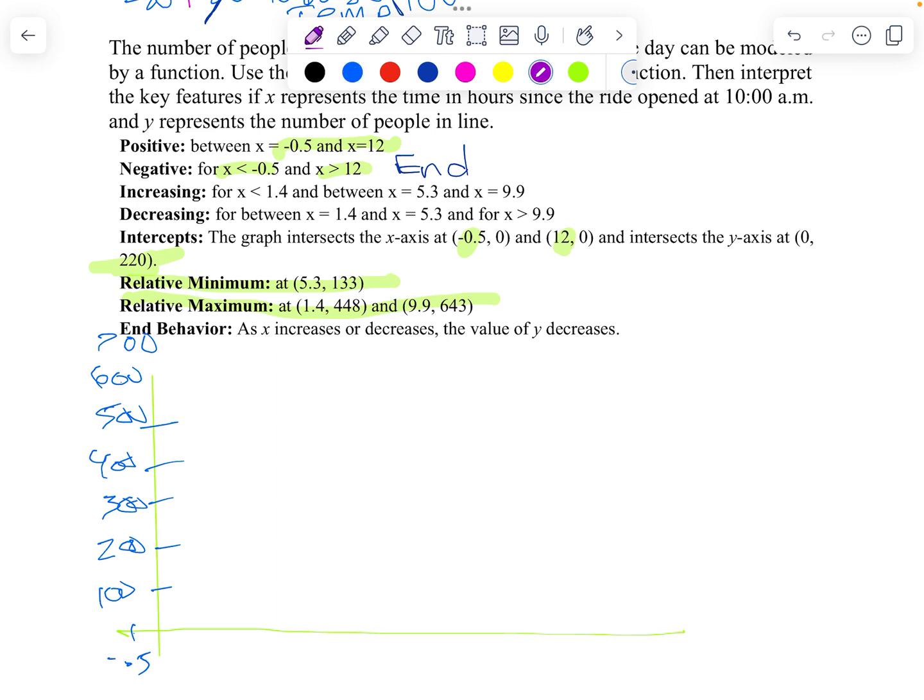I'm going to put one at negative 0.5. And then remember, I'm only going up to 12. So, I don't know why I put that number in there. So let's go 1. Maybe I gotta count it by 2s.